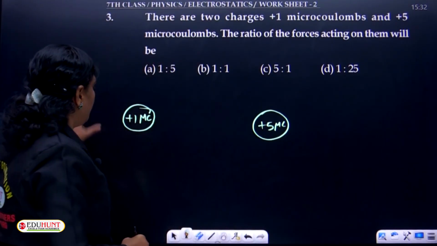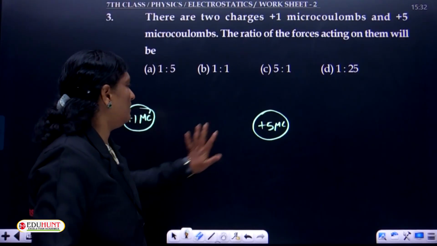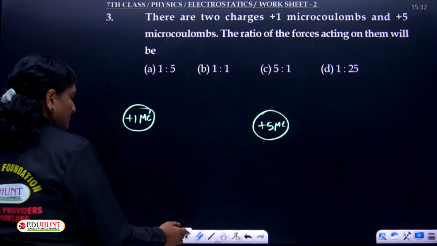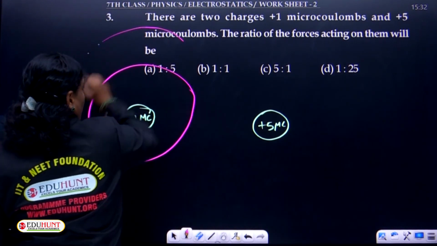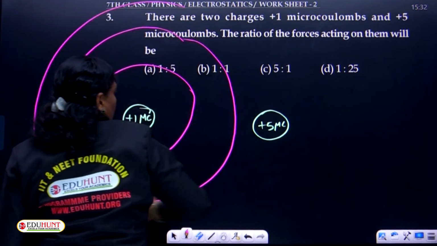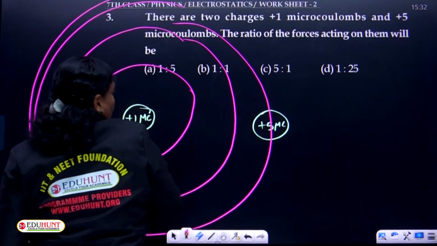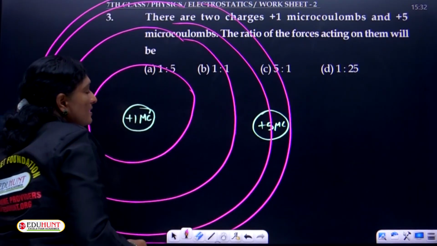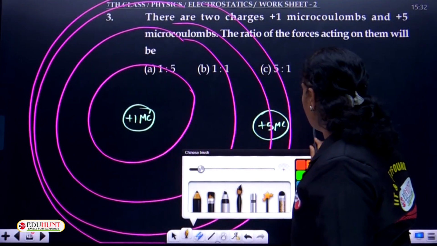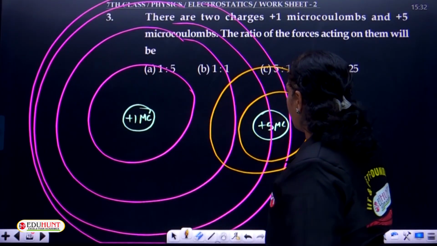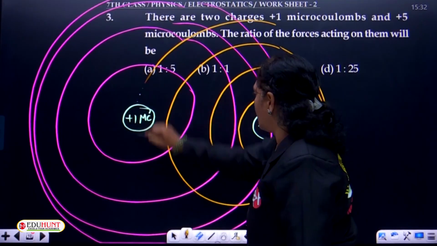In the vicinity of 1 microcoulomb, there is a 5 microcoulomb, so in the field generated by 1 microcoulomb, we are keeping this 5 microcoulomb. Similarly, in the vicinity of 5 microcoulomb, there is a charge of 1 microcoulomb.